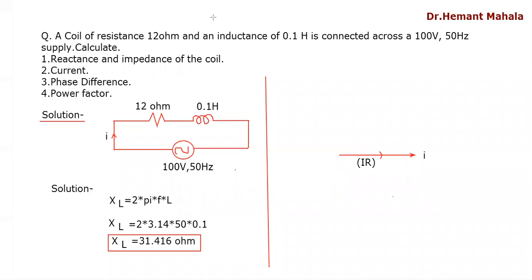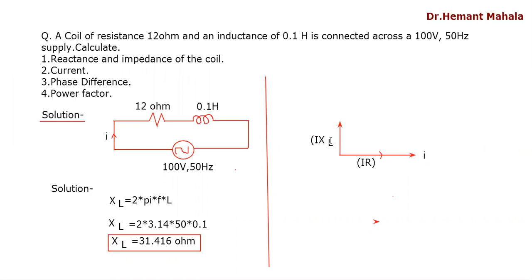We know voltage drop across inductor is 90 degree out of phase. Okay, and in inductor current lags, so voltage leads, that is why I drew it upward. So it is I into XL.